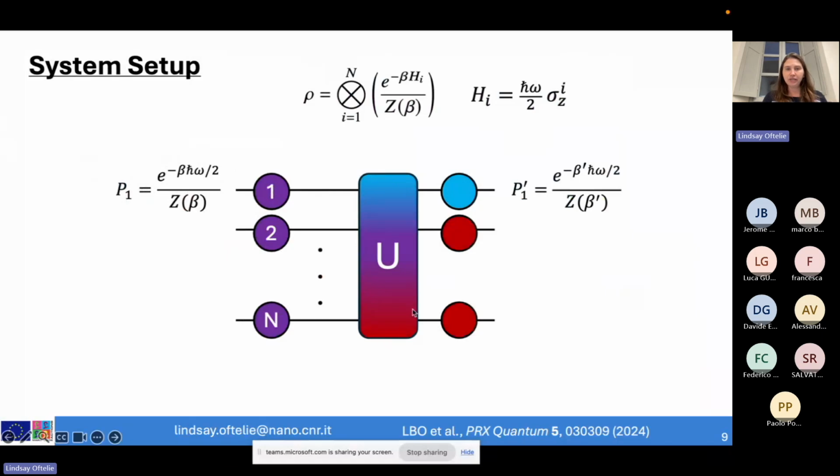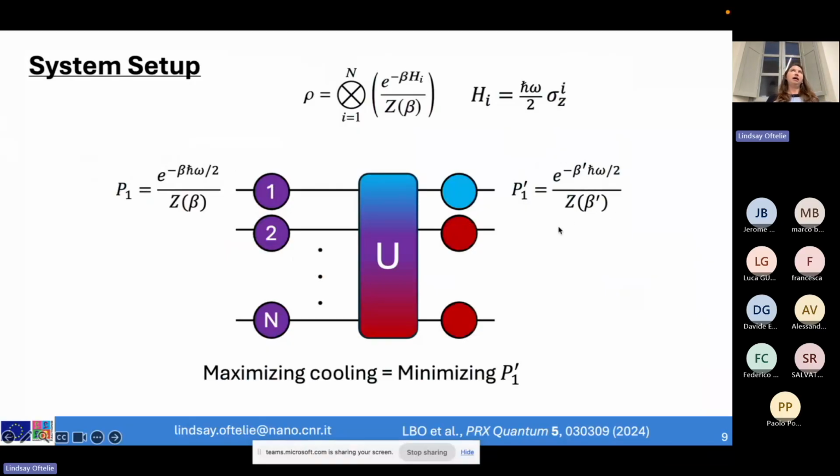We apply our cooling unitary, and the effect is to cool our target qubit at the expense of heating up the others. And our target qubit will have a final probability of being in the 1 state, which, since we're cooling, will be smaller than the initial P1. And this P1 prime has an associated final inverse temperature beta prime.